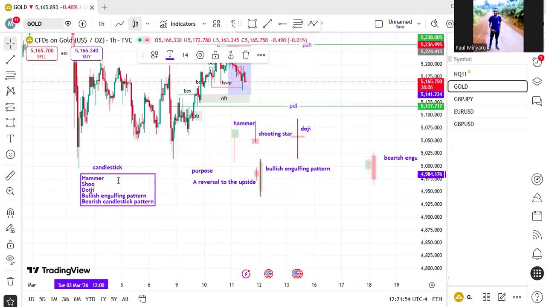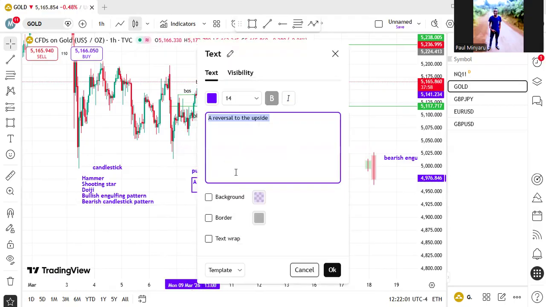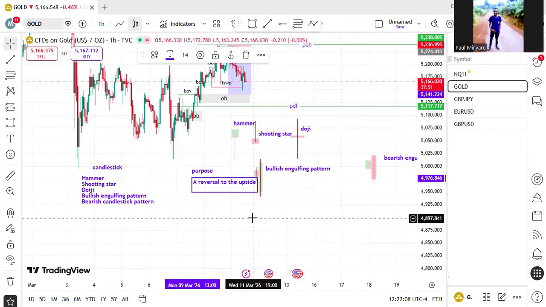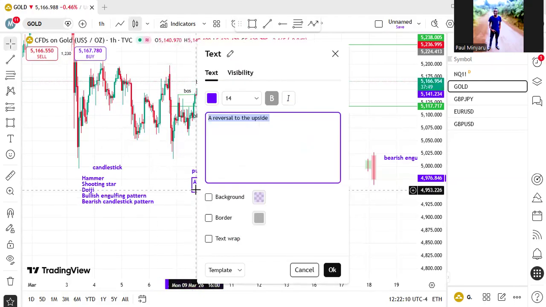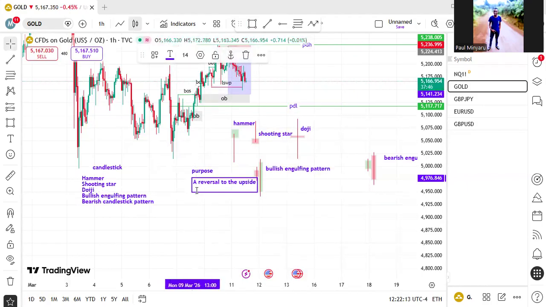So that is a shooting star. We are talking about a shooting star. It signifies a reversal to the downside. A shooting star, a reversal to the downside. What does it mean?